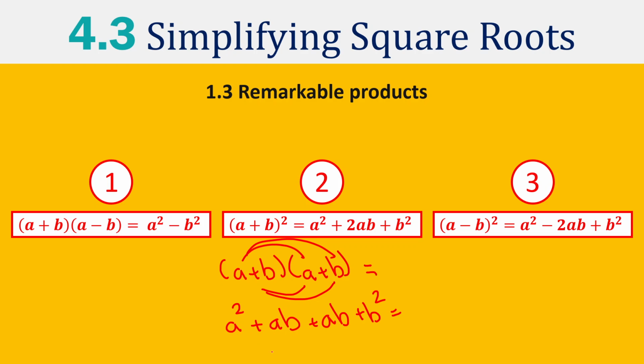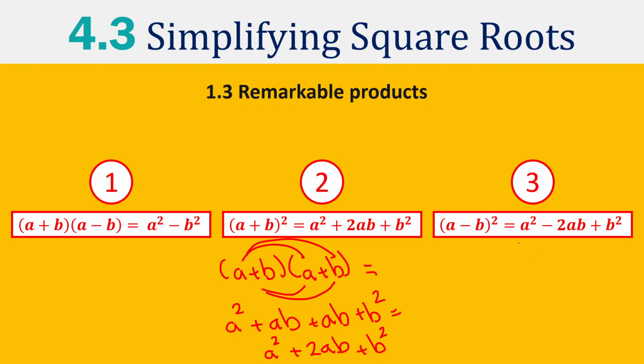And then the final answer is a squared, those are like terms, so plus 2ab plus b squared. Instead we can calculate it in one go with this part here, sometimes called the double product: 2 times the first thing times the second thing.